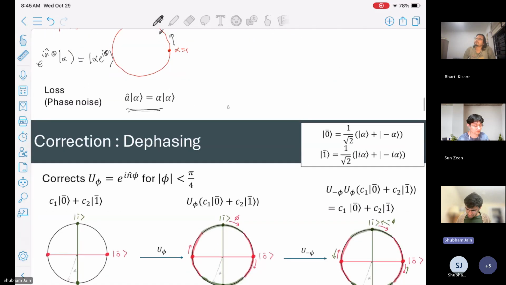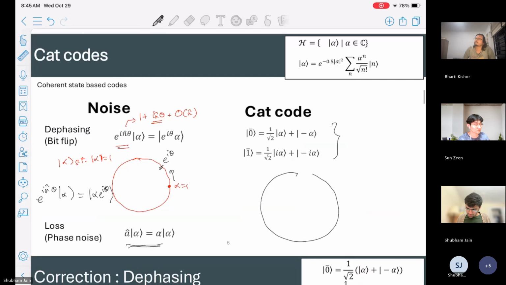Let's draw it out. So we are again working on a circle. We'll assume that mod alpha equals 1, so everything is on a circle. And this first zero state is just going to be a superposition of alpha and minus alpha, so these 2 points.